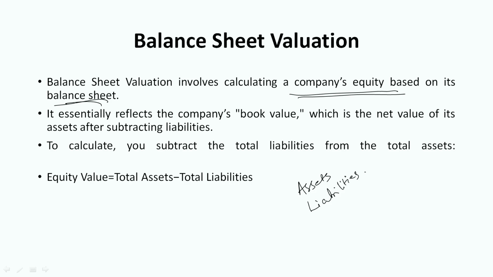And I think I had already discussed the different schedules you have in the balance sheet. If you look at schedule 1, it talks about share capital. The second schedule talks about reserves and surplus.